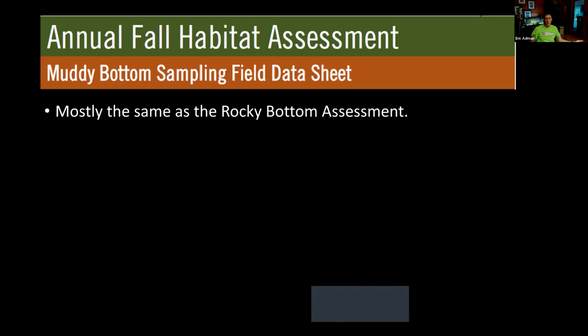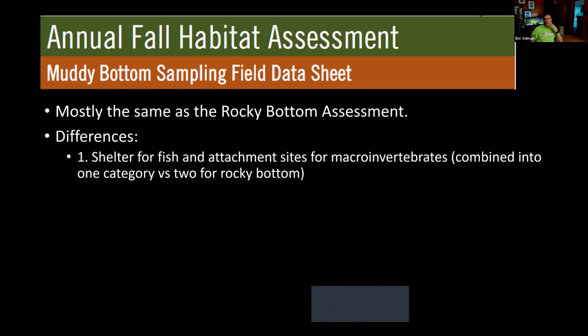So we'll take a look at the muddy bottom sampling form, which is mostly the same as the rocky bottom one, but it's got some differences. Some of the categories are combined, like shelter for fish and attachment for macroinvertebrates.